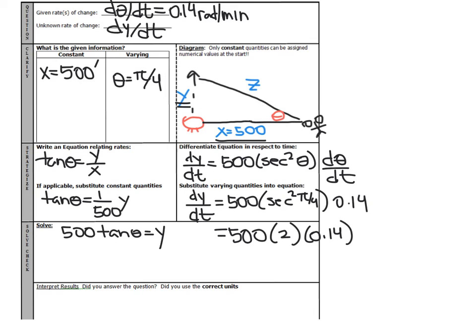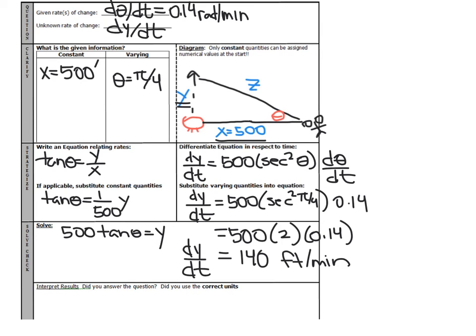So I get out the calculator there, and it turns out to be 140, and we must always include the units. So I know it's minutes and it's feet, so it's feet per minute. So when the angle is pi fourth, the rate of the height of the balloon will be changing at 140 feet per minute.